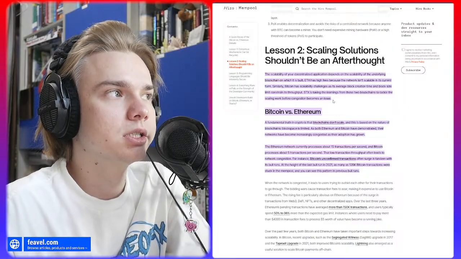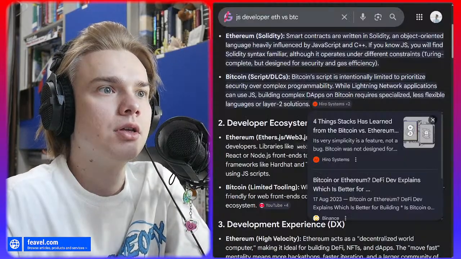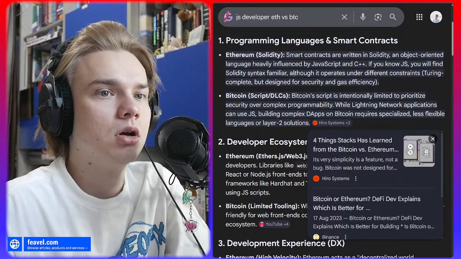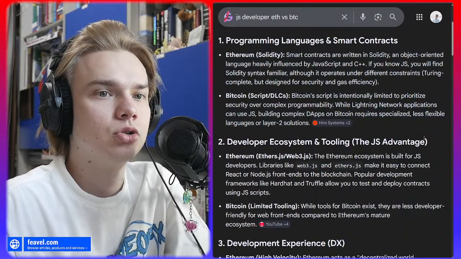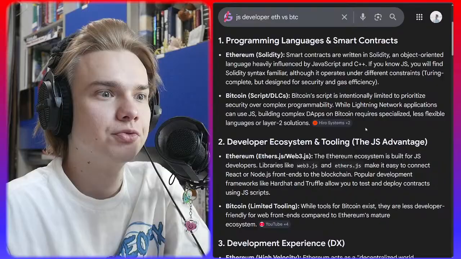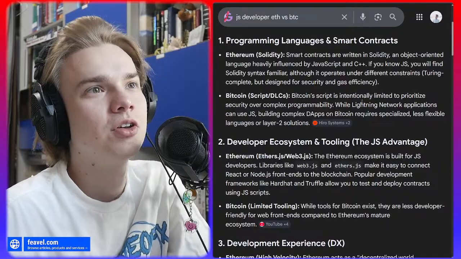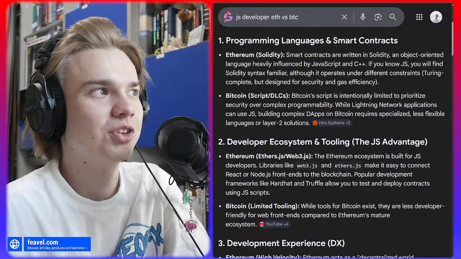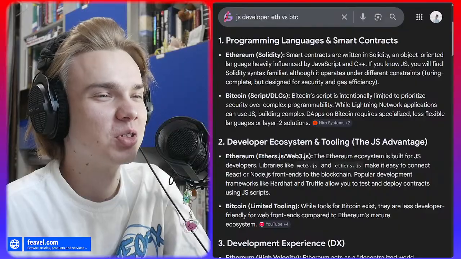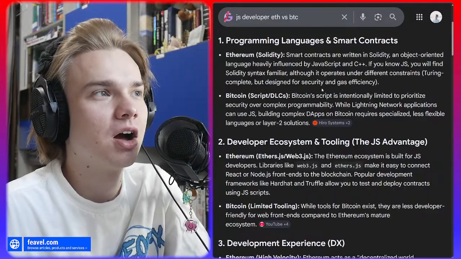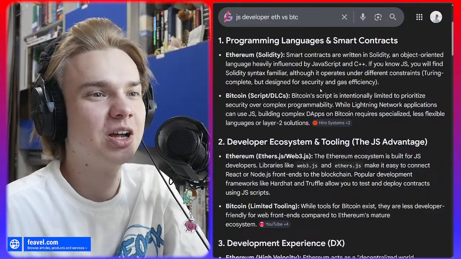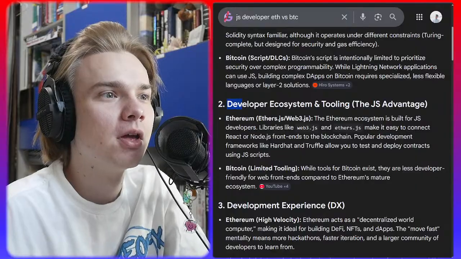So what it says is Ethereum makes it easier to stab yourself in the foot, but Bitcoin makes it harder, though you still stab yourself when it comes to the time.